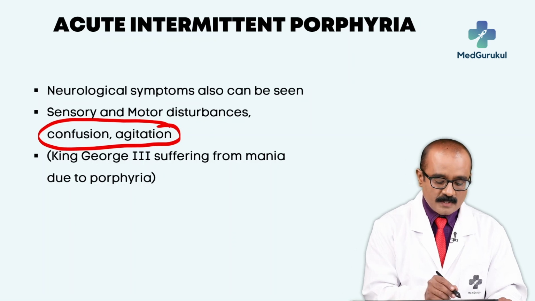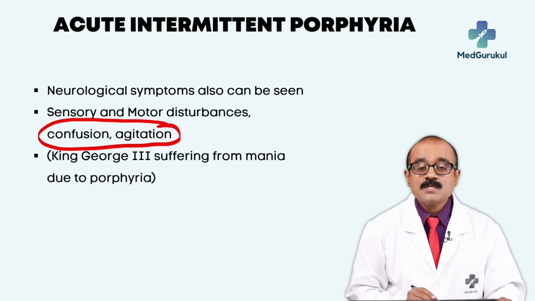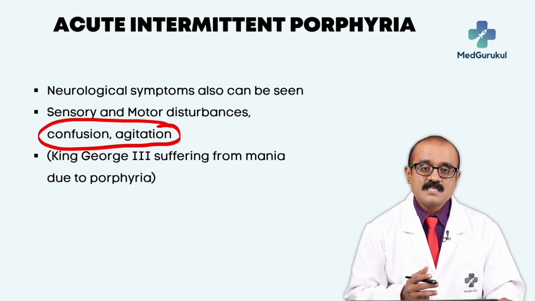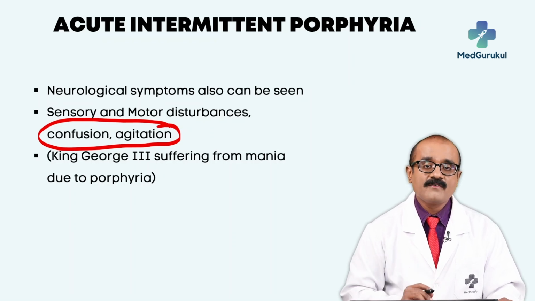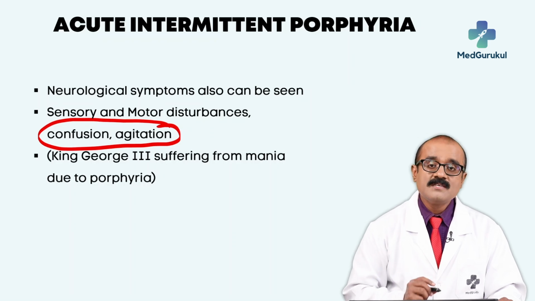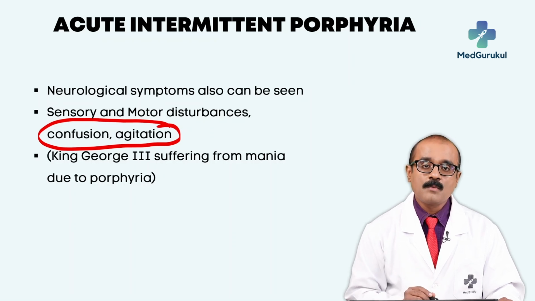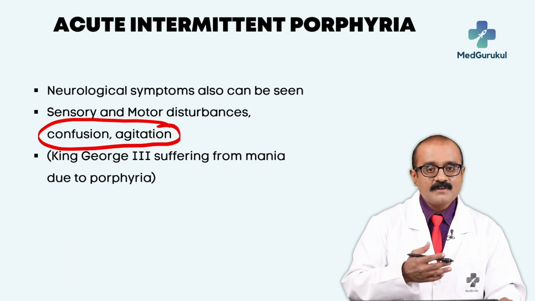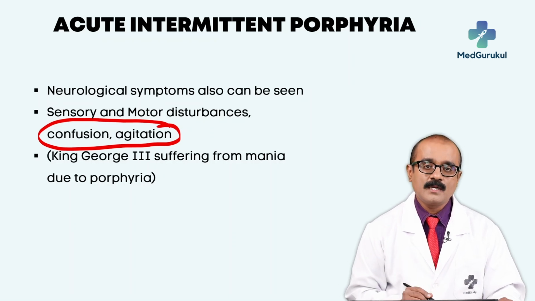You must have heard of a person by the name King George III. He suffered from mania. That means he took some irrational decisions, which were in favor or out of favor for the people. He was suffering from this acute intermittent porphyria, and that is why he took these decisions. At a later stage, he was diagnosed with acute intermittent porphyria.